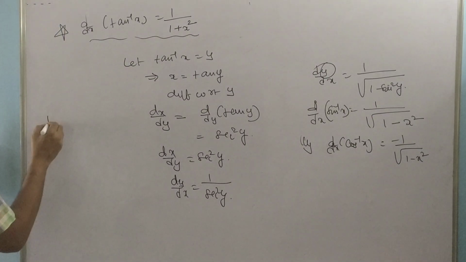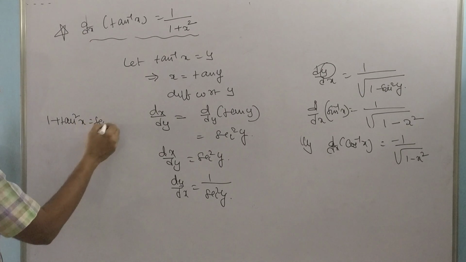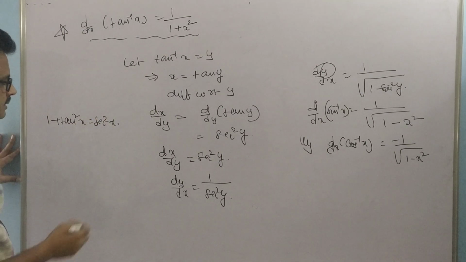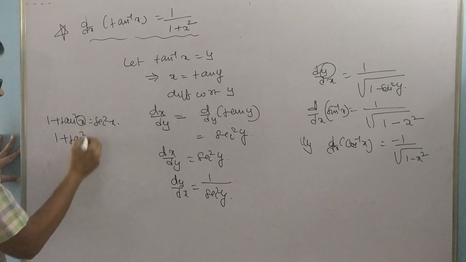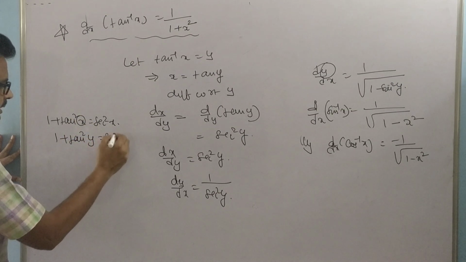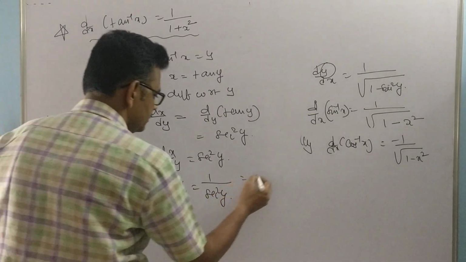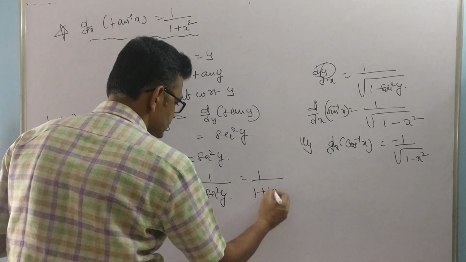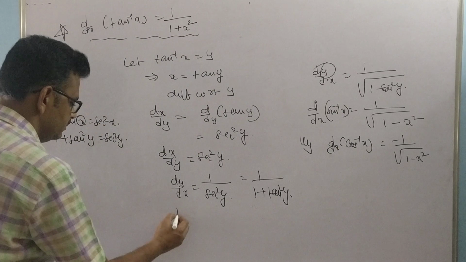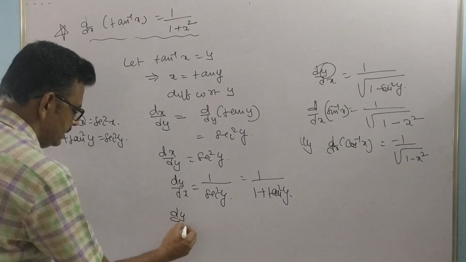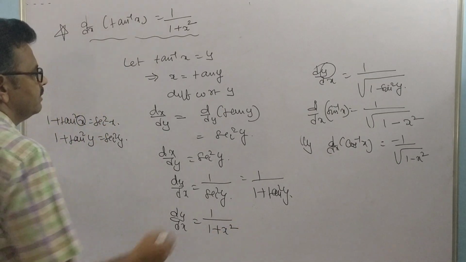Now, we have 1 plus tan square x is equal to secant square x. Therefore, 1 plus tan square y is equal to secant square y. So, dy by dx is equal to 1 by 1 plus tan square y.